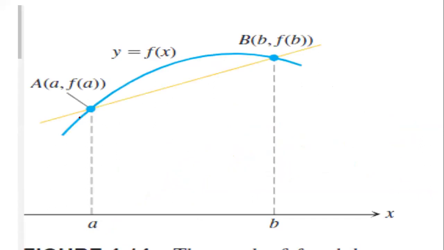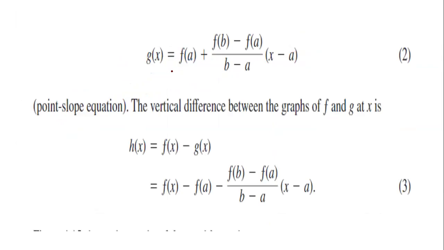See this point. There is one point A, that is a comma f of a. There is one point B on the x-axis, that is b comma f of b. Here this is one straight line. This blue curve is y equals f of x, the given curve. Now I am defining a new function g.